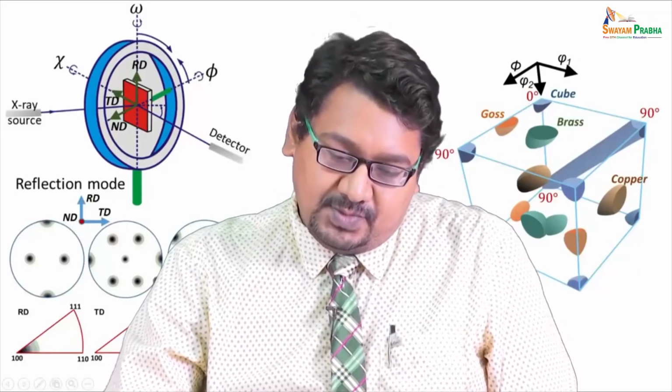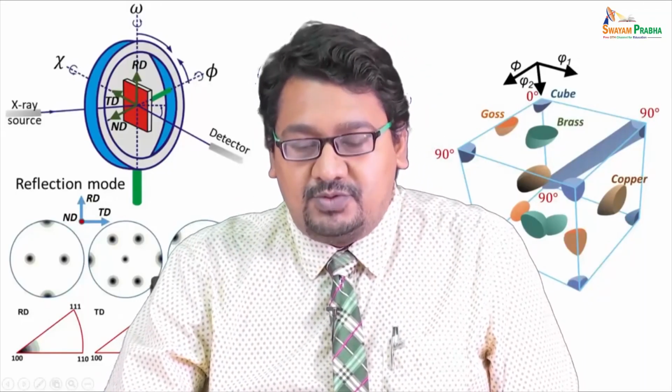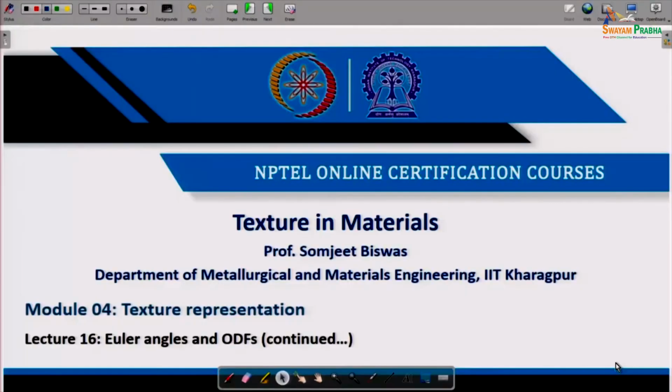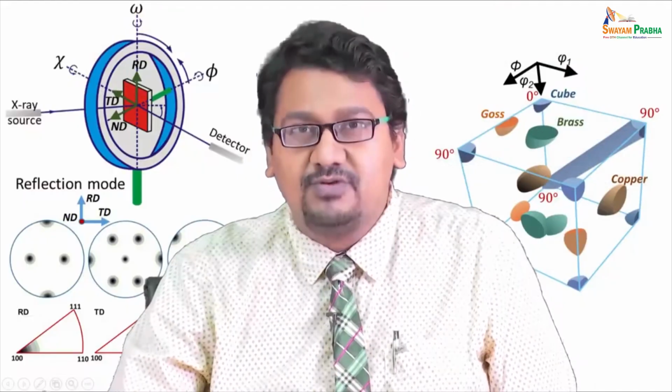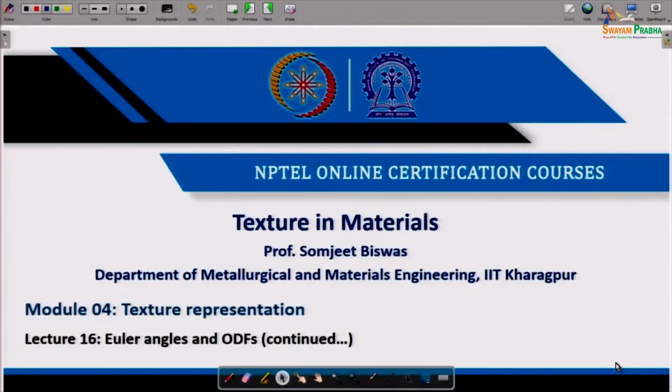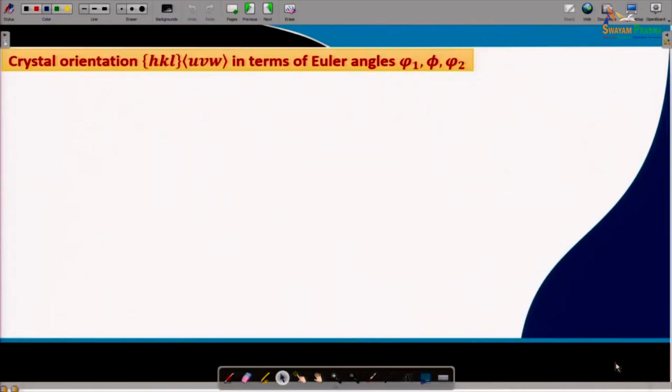Hello everyone. Today we will continue with the understanding that we are creating on Euler angles and ODFs. This is lecture number 16, and we are doing module 4 on texture representation. Today we will try to represent the crystal orientations in terms of the Euler space, in terms of the Euler angles phi 1, phi, phi 2.